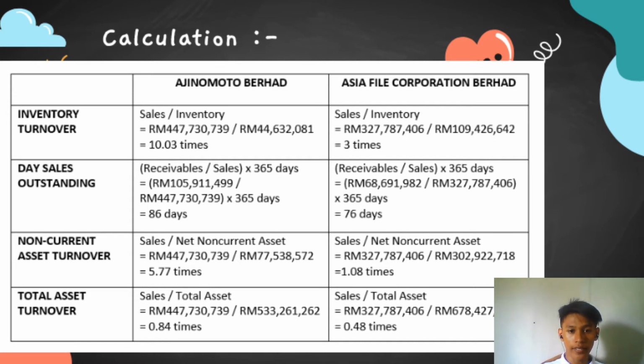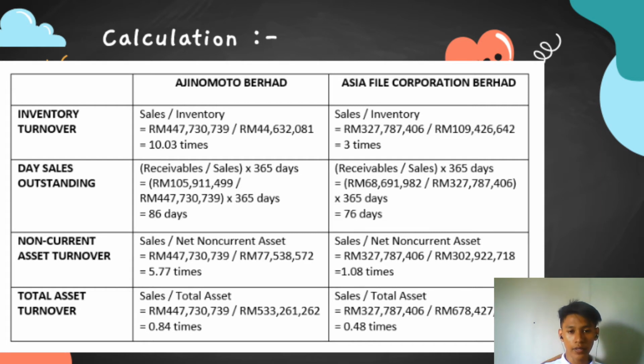The third one is non-current asset turnover: sales divided by net non-current asset. Non-current asset turnover is to determine the efficiency with which a business uses its non-current assets to generate revenue. So Asia File Corporation Berhad is better.